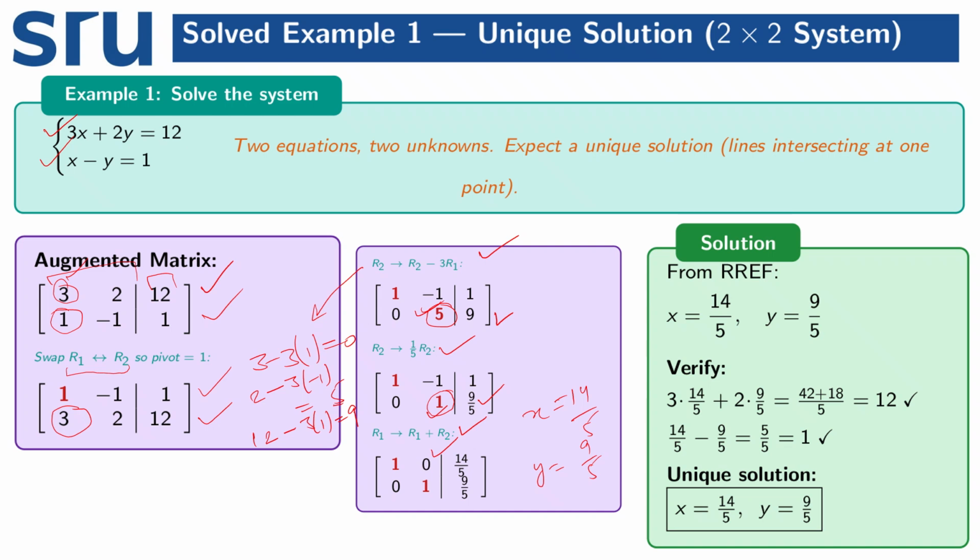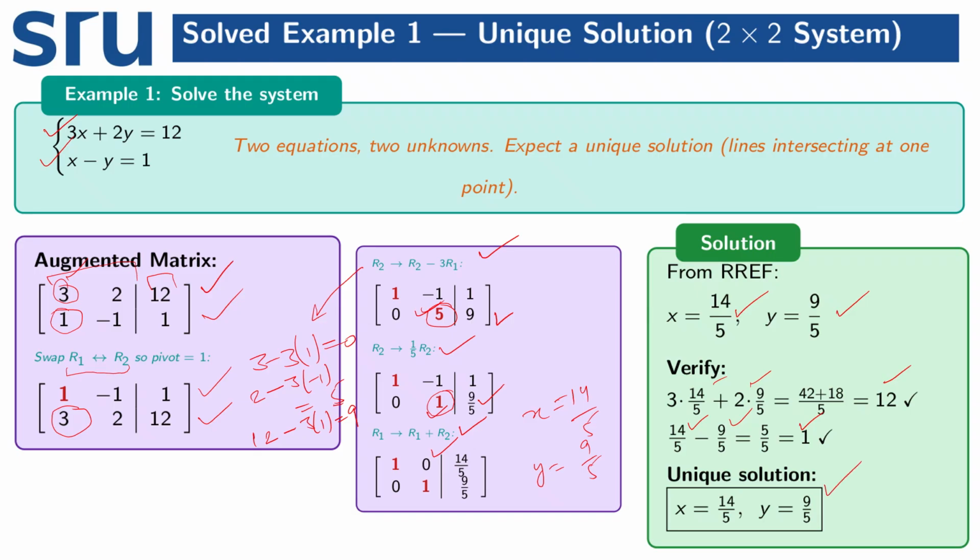So here we have y equal to 9 by 5, x equal to 14 by 5. Put these values in the original equation, that is 3x plus 2y equal to 12. So 3 into 14 by 5 plus 2 into 9 by 5 equals 12. That is equal to the right hand side. Also in the second equation we have x minus y equal to 1. So it will be 14 by 5 minus 9 by 5, and that is going to give me 1. So these values are true. Valid result. Therefore, this solution is correct.